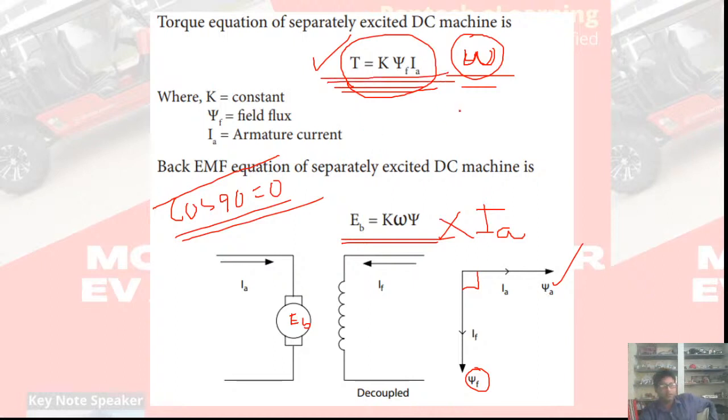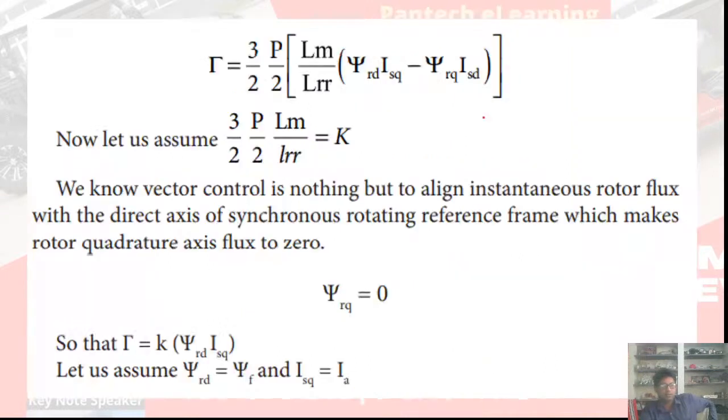Okay, very clear. So already we know the torque equation of separately excited DC machine is some constant into field flux into armature current.